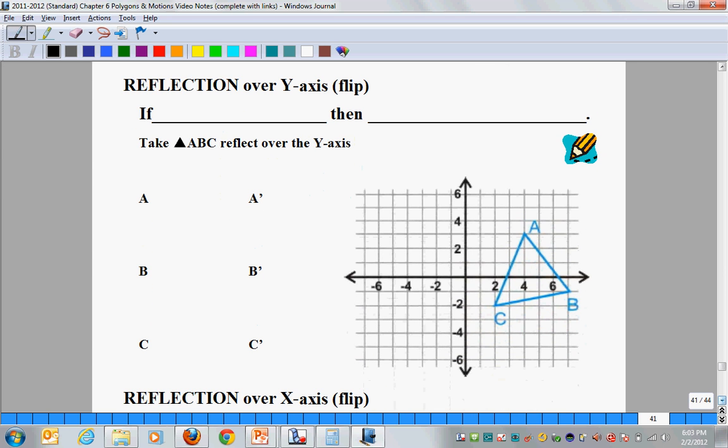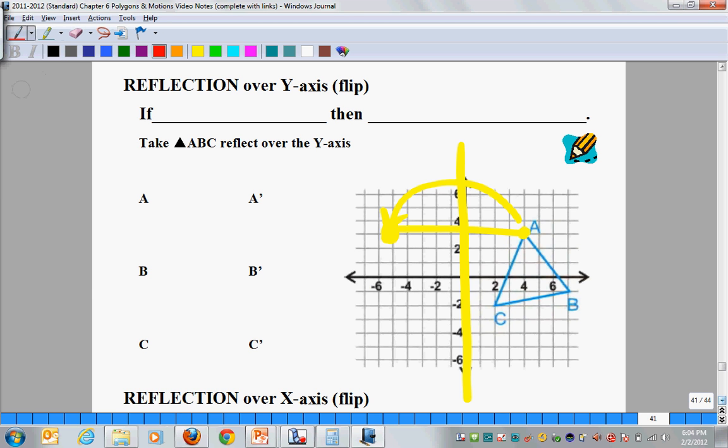Next is reflection. You're going to reflect over the y-axis. So imagine our y-axis here is a mirror. And you're going to take this image and you're simply going to flip it this way and get a mirrored image. So you can see here that if we take A and bring it over here, our X component shifts, but our Y component doesn't.